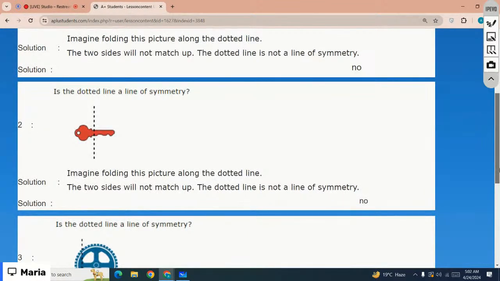Is the dotted line a line of symmetry? The correct option is no. If you fold the image along the dotted line, the two sides will not match up. This isn't a line of symmetry.